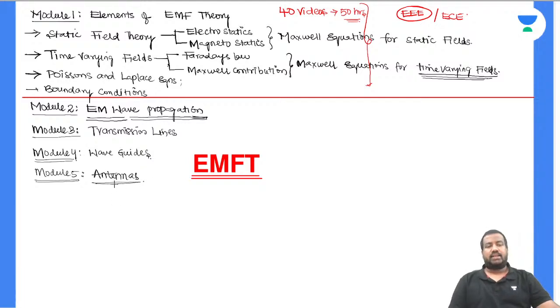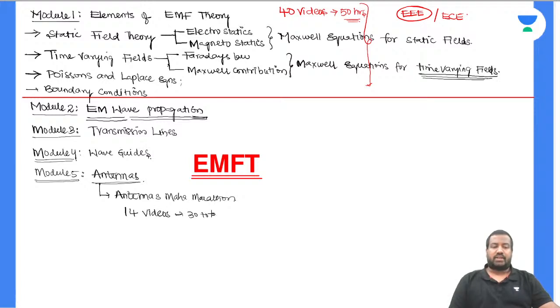In these antennas, we started this antenna series separately. The name of the series is Antennas Mahamarathon. Videos are recorded already, spanning around 30 to 35 hours.